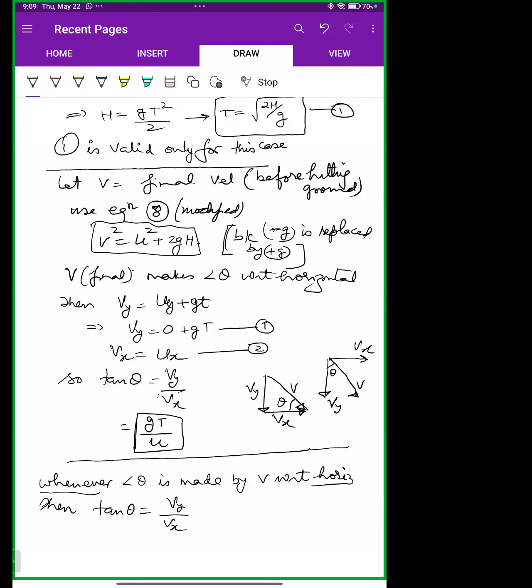Whatever be the values, you put the values. Tan theta is always Vy by Vx.